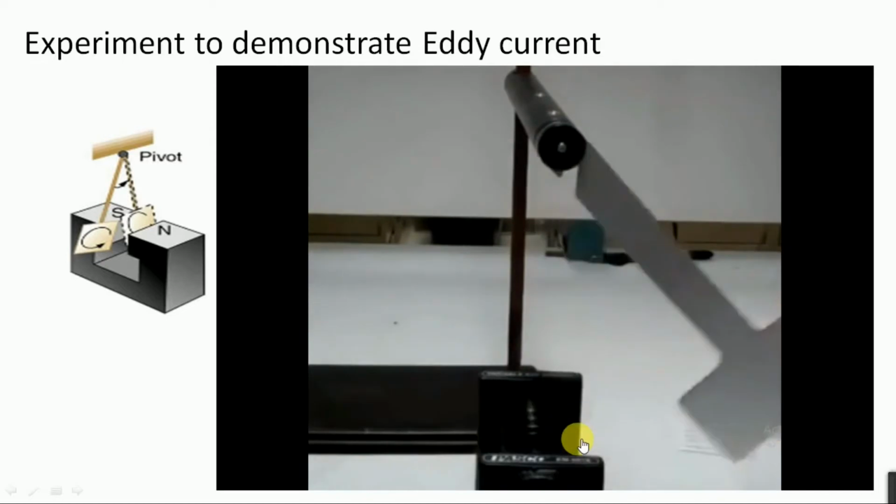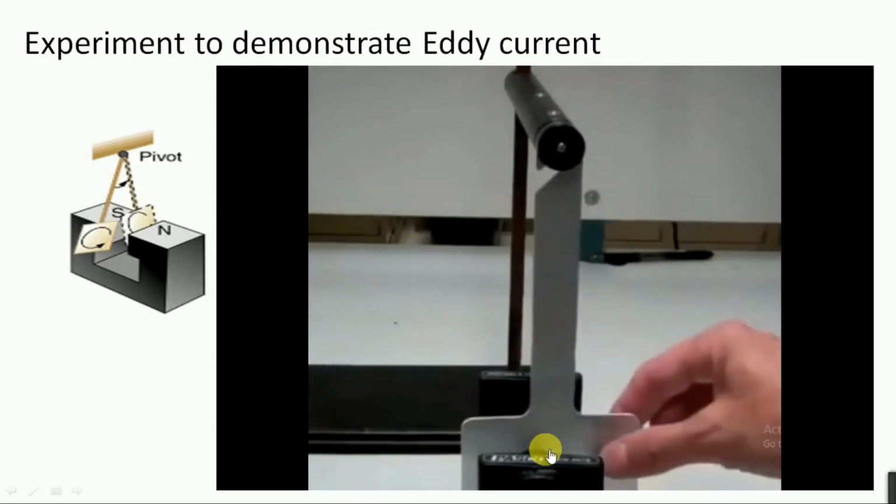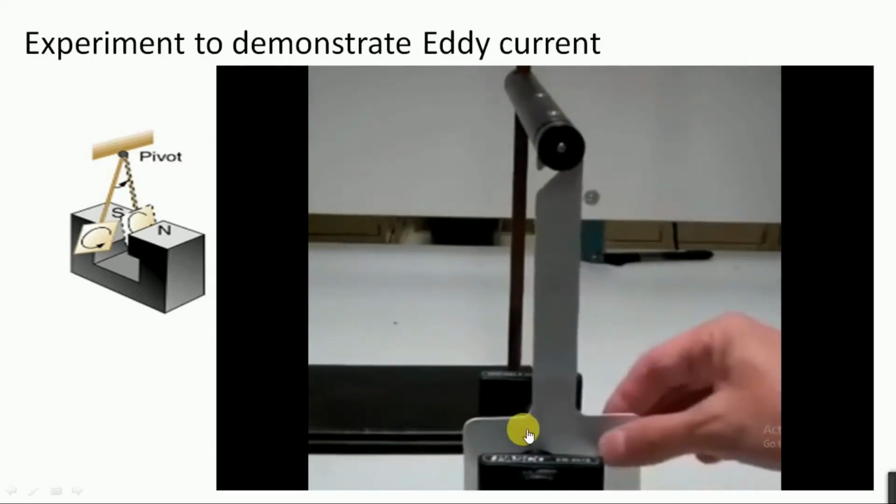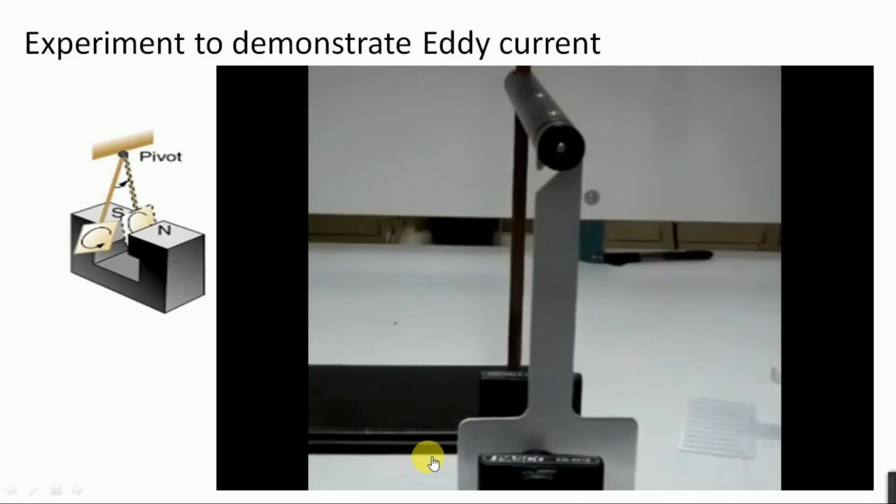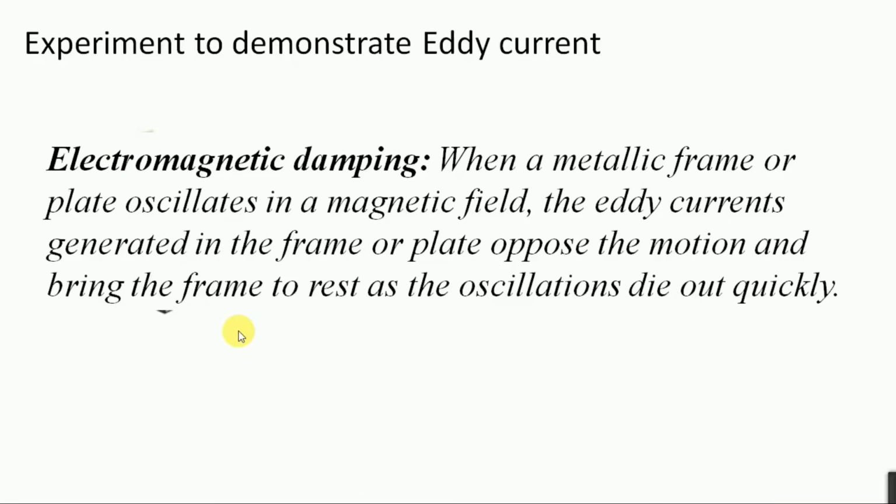According to Lenz's law, the eddy current opposes the cause, and here the cause is the motion of the pendulum, so it opposes the cause. That means it will stop the motion of the pendulum. The process of stopping the oscillation by the eddy current is called electromagnetic damping, meaning we are damping the oscillation by using eddy current.